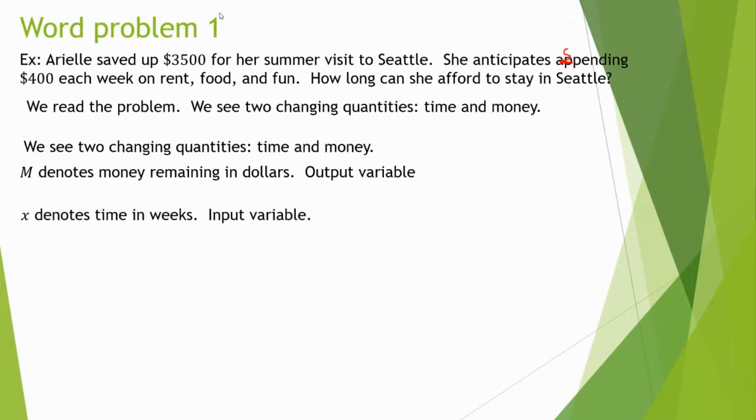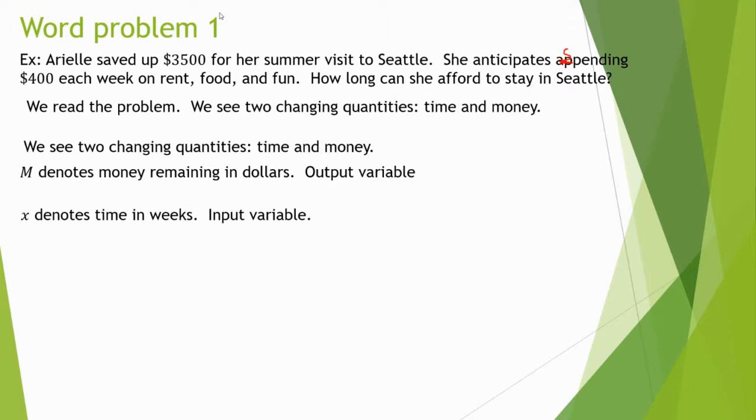So that's the first two steps. Now we want to know how long she can stay there. She's only going to be able to stay until she runs out of money. Once she's out of money, she can't afford to do anything else. She's going to have to leave.